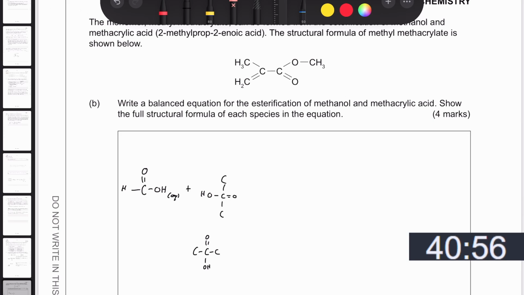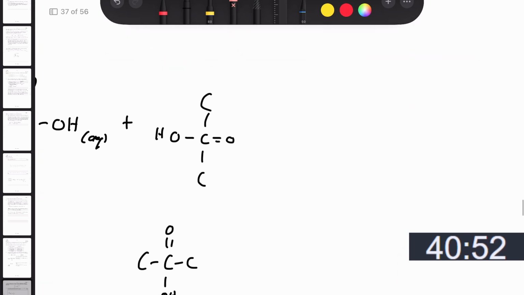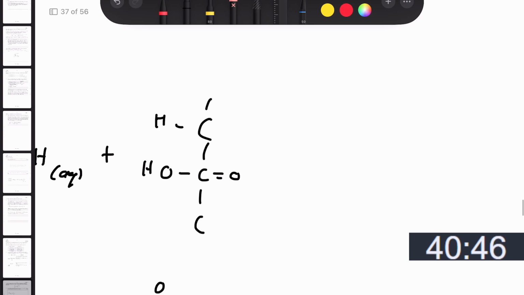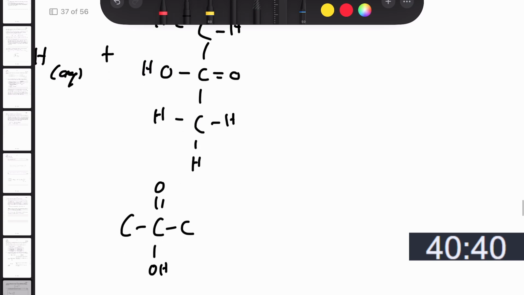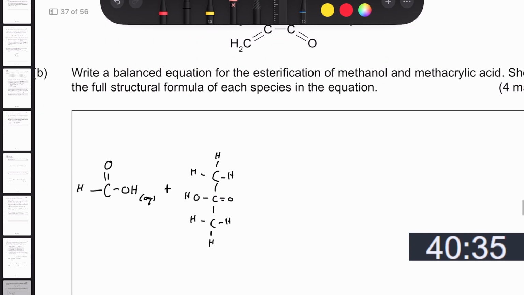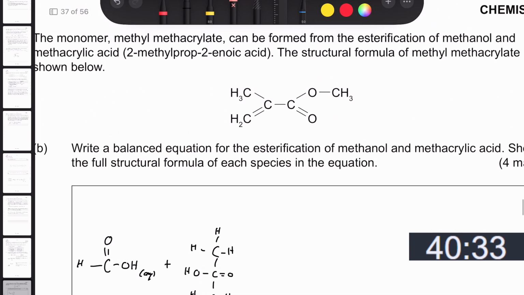Is it just something like this? Maybe? No, then that's not propanoic. Prop-2-enoic acid.